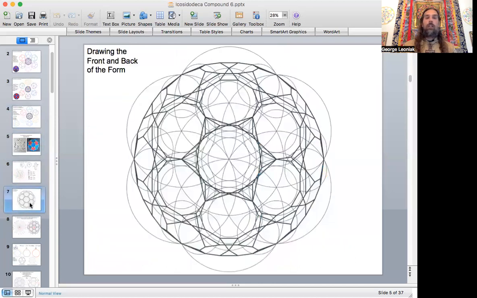Okay, so moving along here, I like to look at it from all angles, see the front and back of the form together. What does it look like when we're not just looking at it from one view? I thought it made a pretty sweet pattern, and I love the shape of this 6-pointed star in the middle.